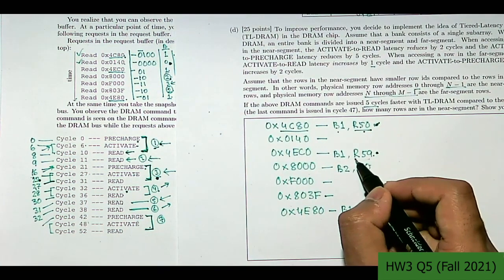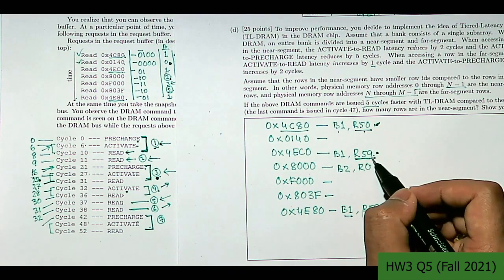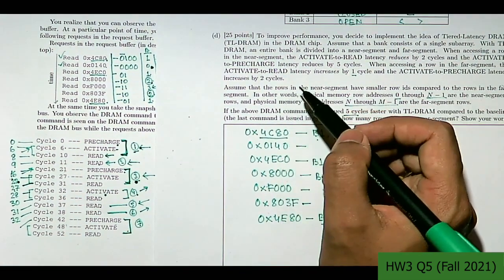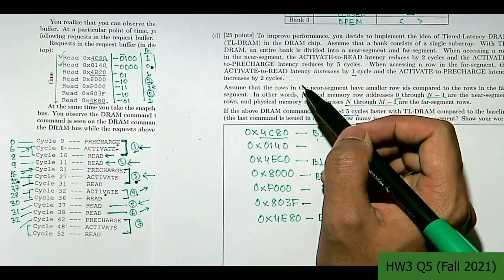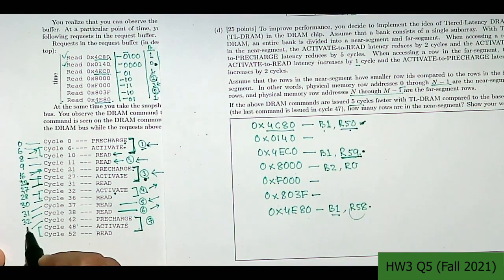Row 59 was in a fast segment, so activate to pre-charge latency will increase by 2 cycles, from 15 cycles to 17 cycles. So we are simply charging 17 cycles for this, and that comes to 49. Am I right?